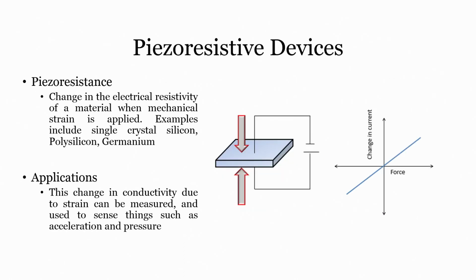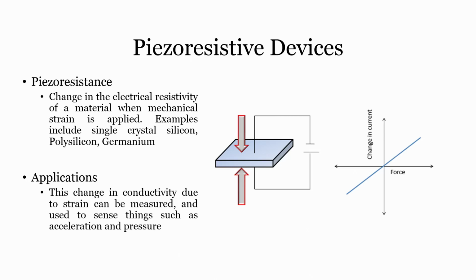Then we will see piezoresistive devices. Now, the difference between piezoelectric and piezoresistive is that in piezoresistive devices, when we apply a pressure, there is a change in resistance, whereas in the case of piezoelectric, when we apply a pressure or force, there is a change in the voltage, an electrical signal.